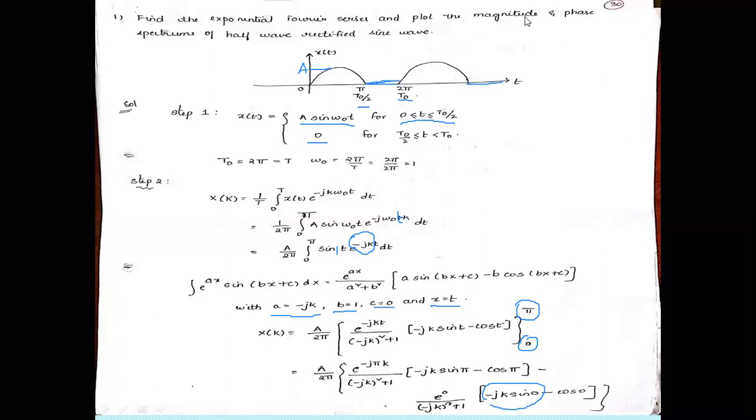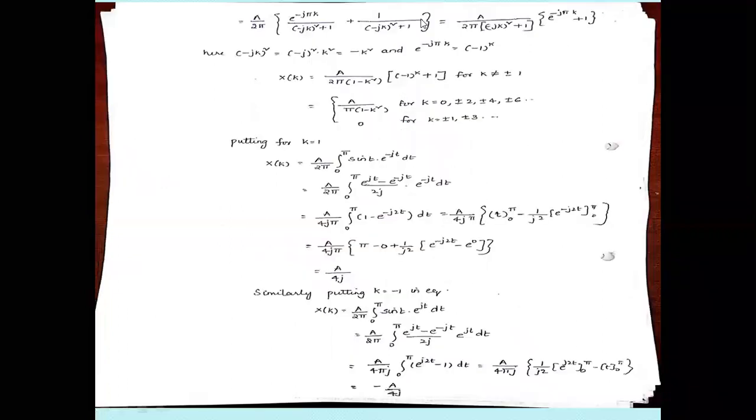Now see the simplification. A by 2 pi, e power minus jk whole divided by this one, and 1 by the function.